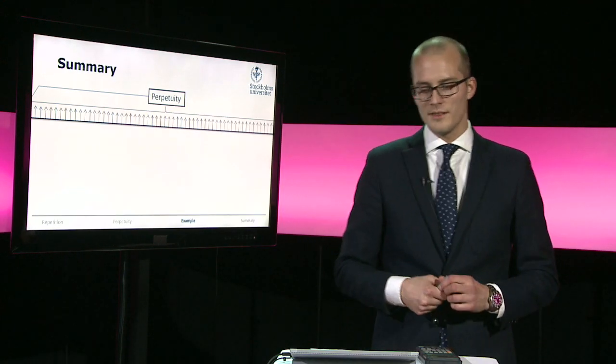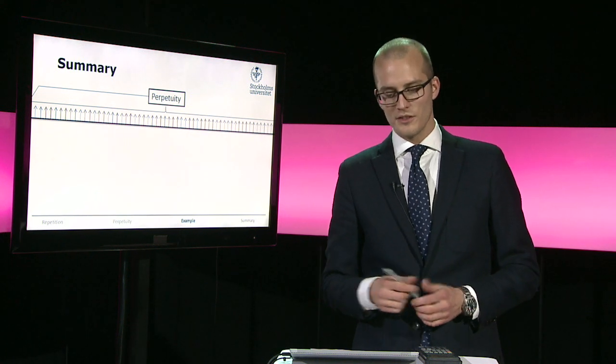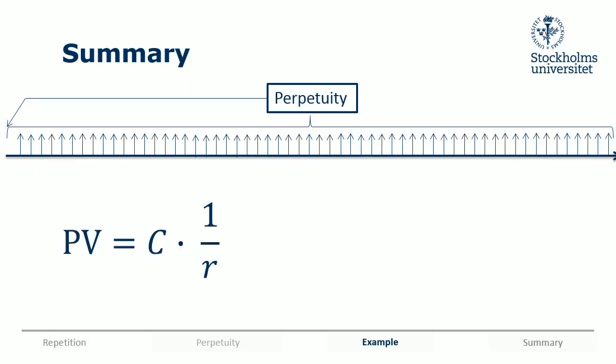So to summarize, an infinite cash flow stream is called a perpetuity, and we calculate the present value of such a perpetuity in the following way. We multiply the cash flow with 1 divided by the interest rate or the discount rate.